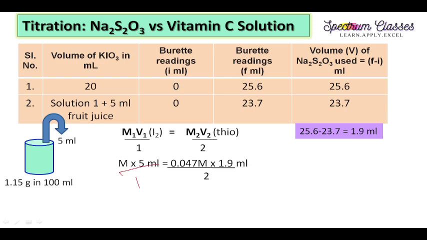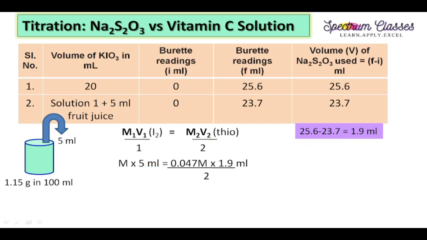The coefficients are 1 and 2, because 1 iodine reacts with 2 sodium thiosulfate and 1 iodine reacts with 1 vitamin C. So 1 iodine equals 1 vitamin C, and 1 vitamin C equals 2 sodium thiosulfate. So their coefficients are in the denominator. Either you can put them in the denominator or you can simply cross multiply. Either way you can do it here.